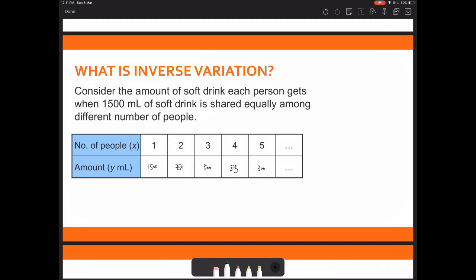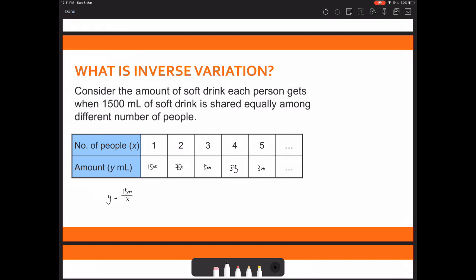We can use an equation to connect x and y. Say y is the amount of soft drink each person gets. y is equal to the total amount of soft drink, 1,500, over the number of people, x. So y is equal to a constant, 1,500 over x.